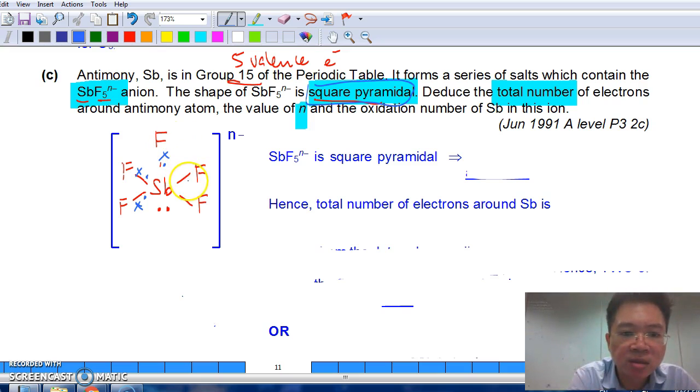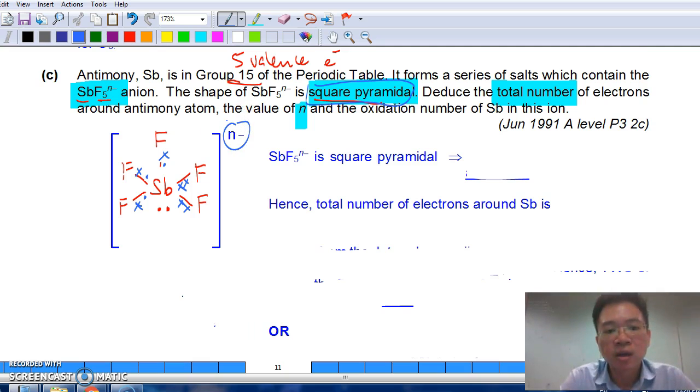That means these 2 must be dative bonding. The electron comes from your fluorine. And how come fluorine can give a dative bond? Because fluorine will have received additional electrons from external, which is from here, the charge.